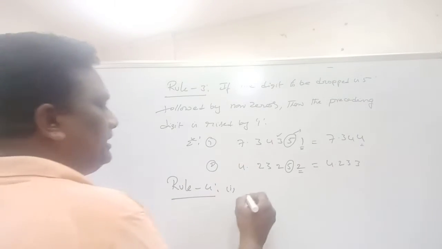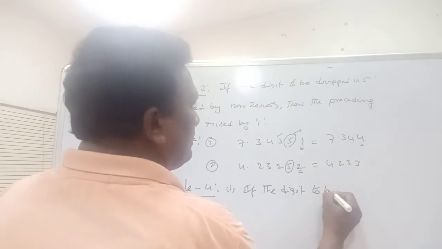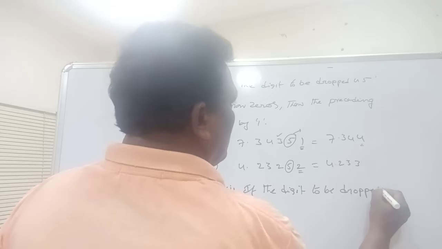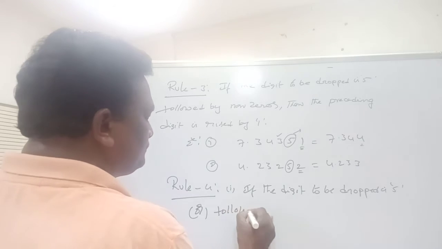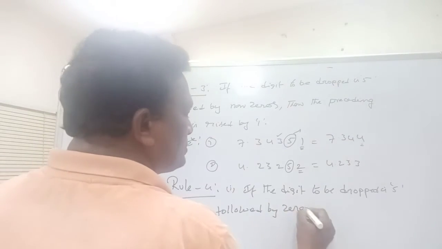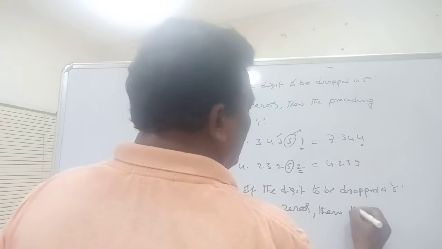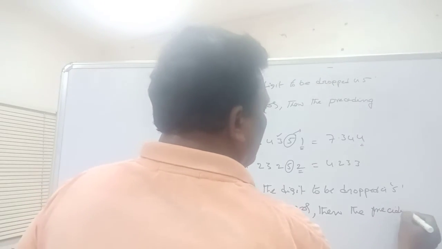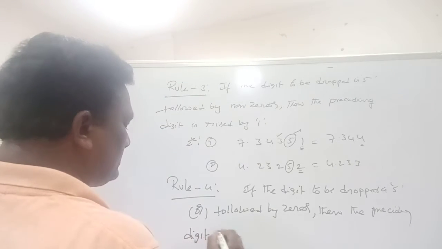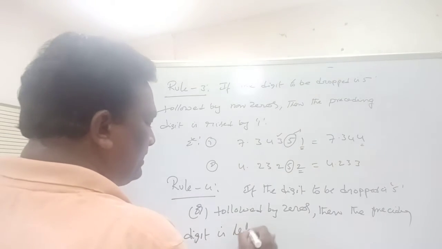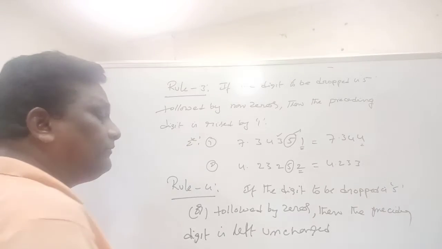One is, if the digit to be dropped is 5 or followed by zeros, then the preceding digit is left unchanged if it is even.